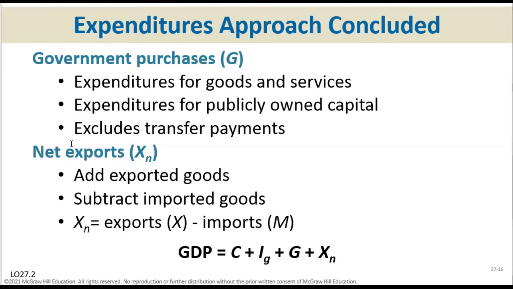One thing I want to note here, for the net export, you add the export and you subtract the import. That's very important because the export, we produce it and export it, we earn income on it. The import, other people produce it and other people earn income on it. So you have to add the export and subtract the import. That's very important.